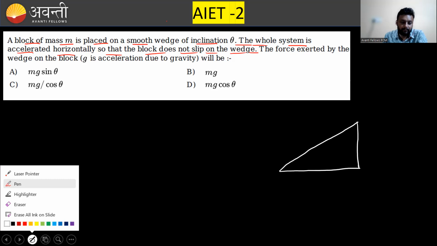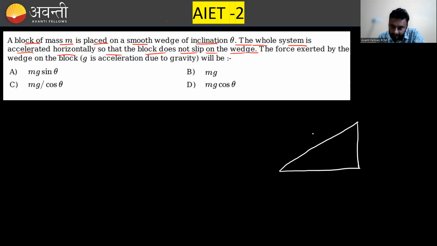On this wedge, there is a block of mass m, like this. Clear? It is accelerated horizontally so that the block does not slip. Find the force exerted by the wedge on the block.